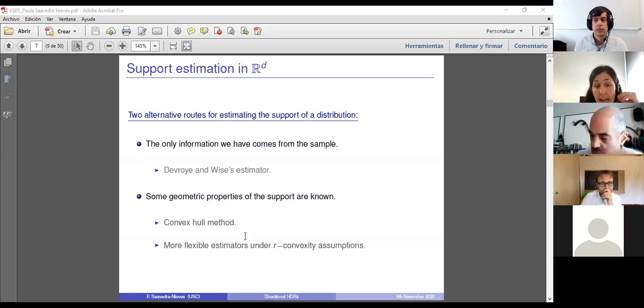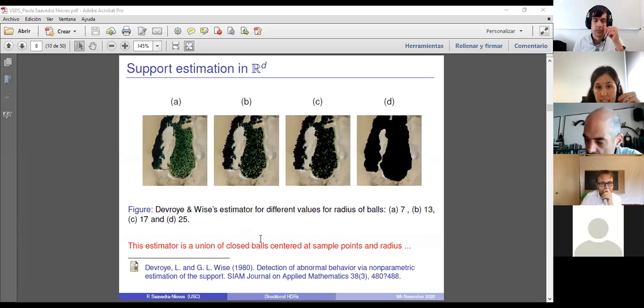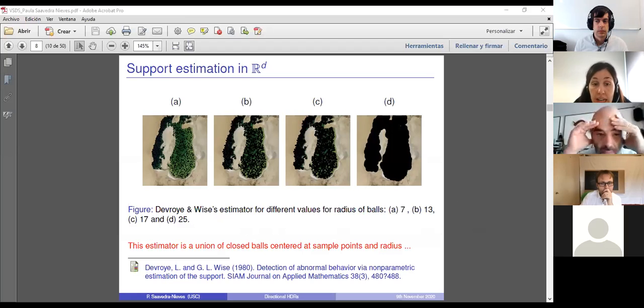So there are other more sophisticated estimators in these cases. Well, the first situation: we have only the sample points as information source. So here I show you the Devroye-Wise estimator using the previous sample on the RLC.